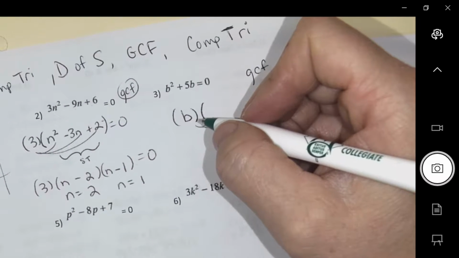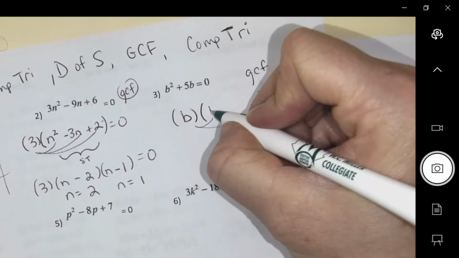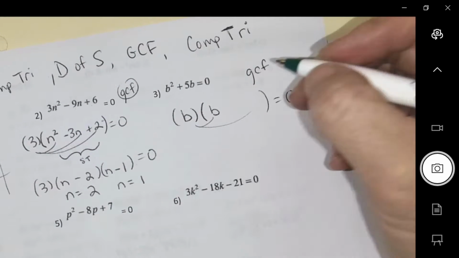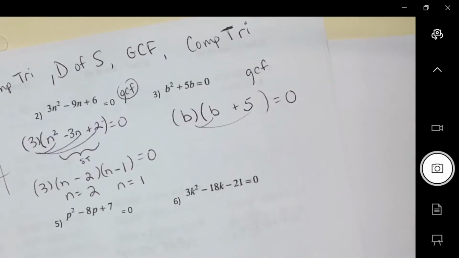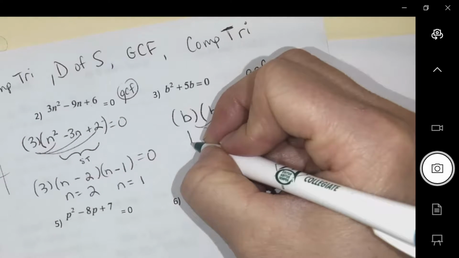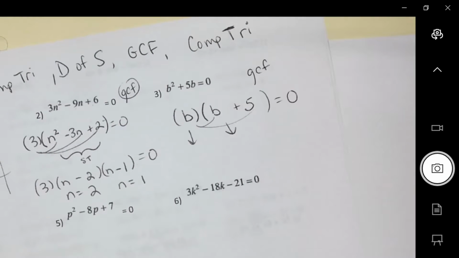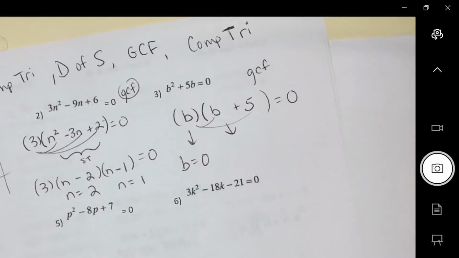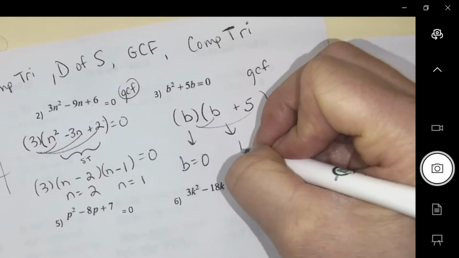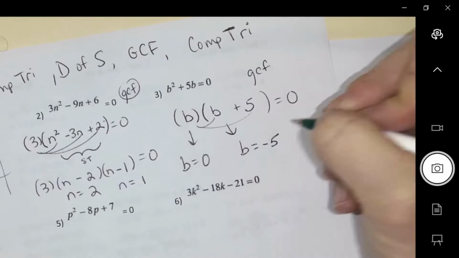You have the sheet, right? B times B. And then this would be B times 5. Okay, if I want each bracket to be 0, here B would be 0. Here B would be negative 5.